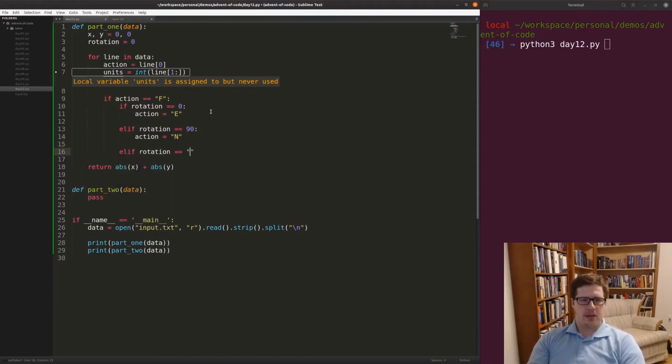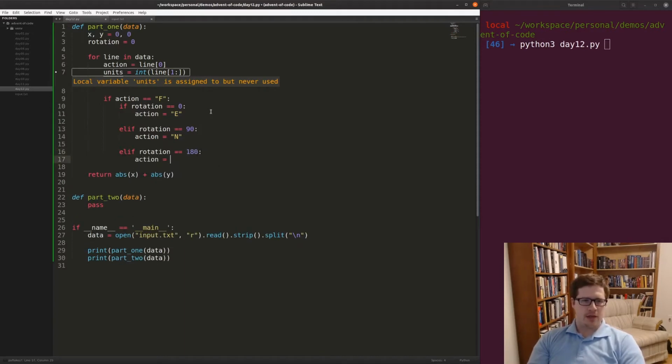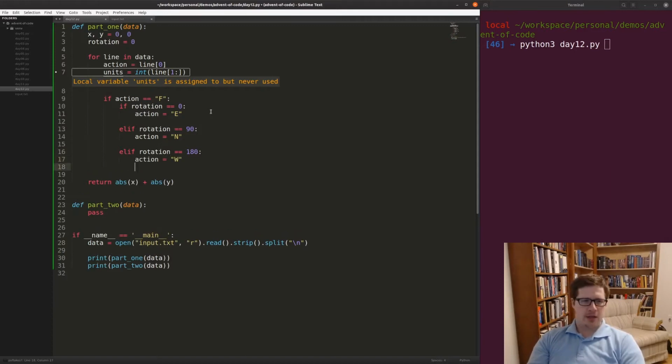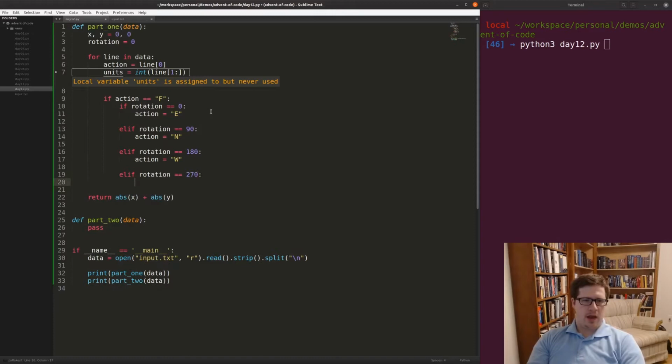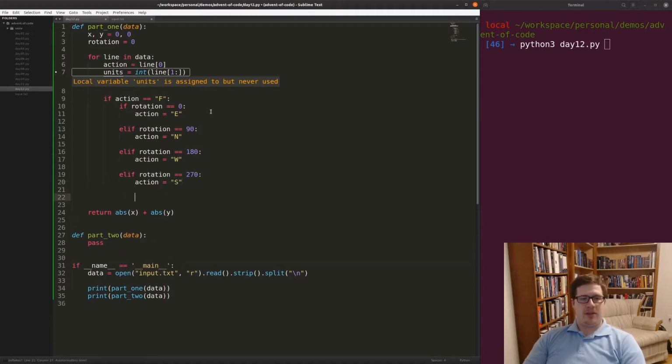Rotation is 180, and our action is going to be west, back the other direction, 270. Then our action is going to be south, right? And this will tell us where we're supposed to move for the next part.